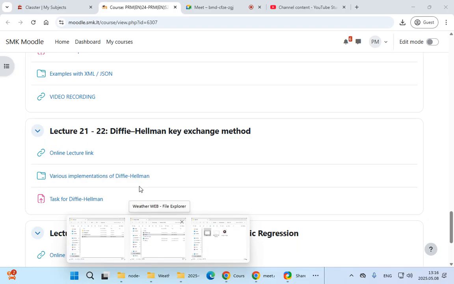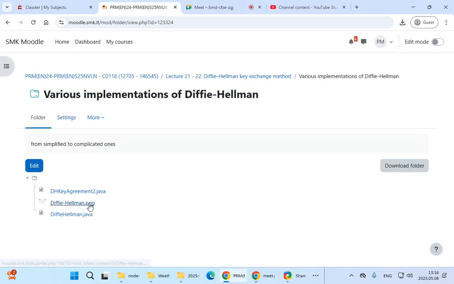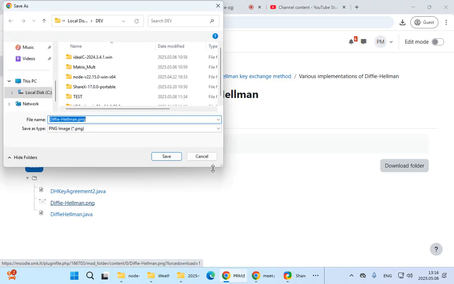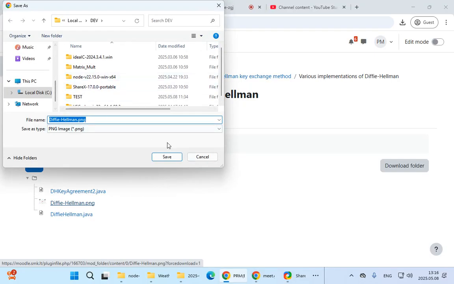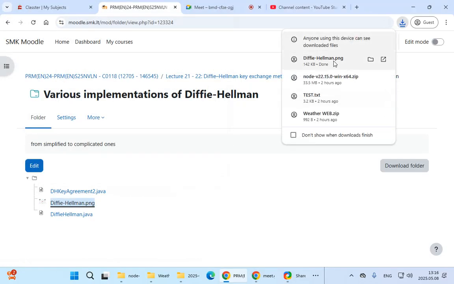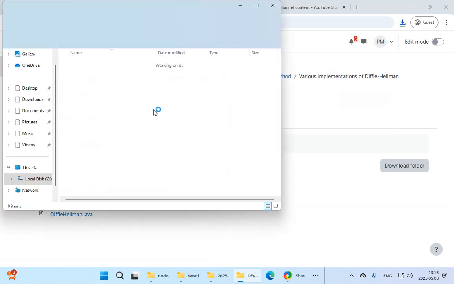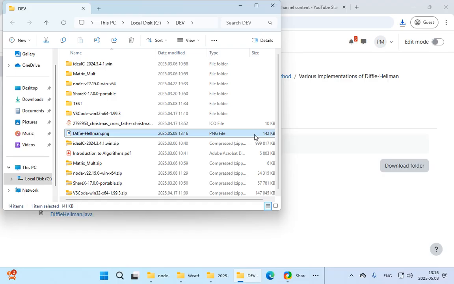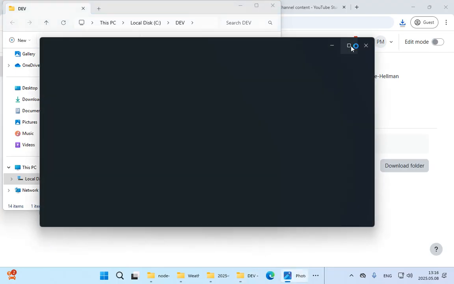And here I have two codes, one of them easy, another one difficult, which is close to real application, but one is easier for demonstration. I will show you both of them. But here I have a picture which demonstrates how this method works. You can also download it if you want, but let us open this picture.